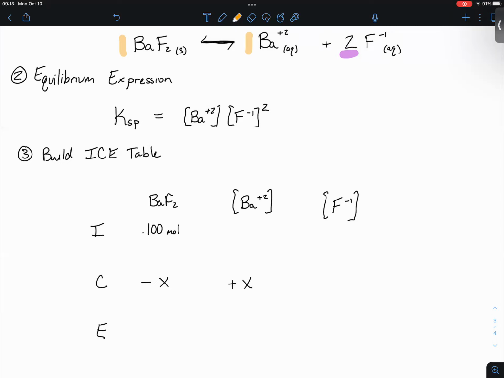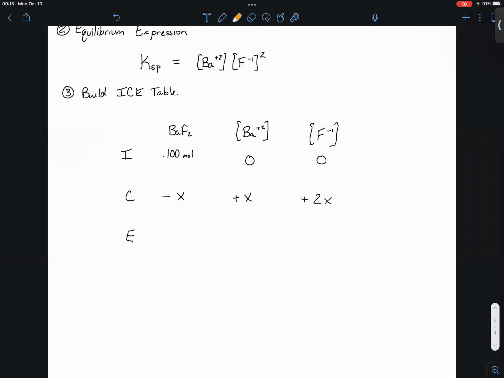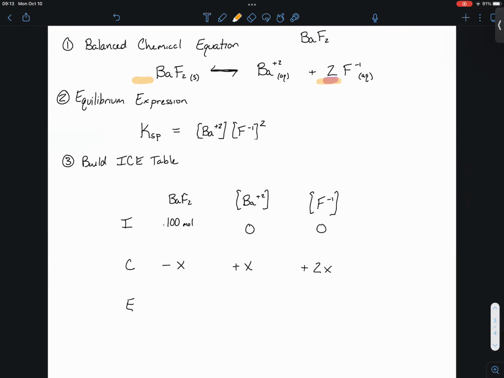They're 1 to 1. But now when I get to my fluoride ions, start out with 0 of those. But for every barium ion that dissociates, I actually get 2 of my fluoride ions. So if my barium fluoride is decreasing by X, the fluoride concentration is going to be increasing by 2X. Okay.